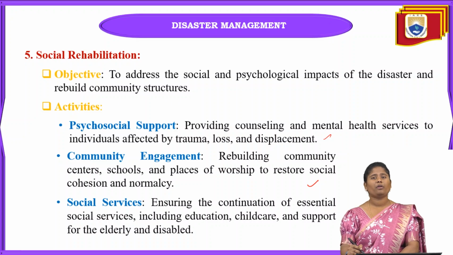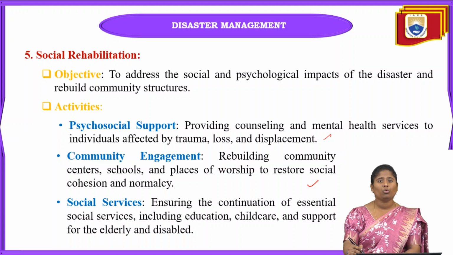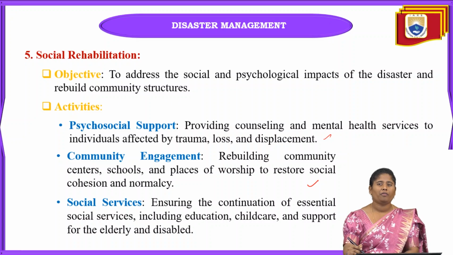Here we are going to restore social cohesion, normally by opening community centers like schools and also places of worship. After opening these places of worship, some people can normalize themselves at that time.